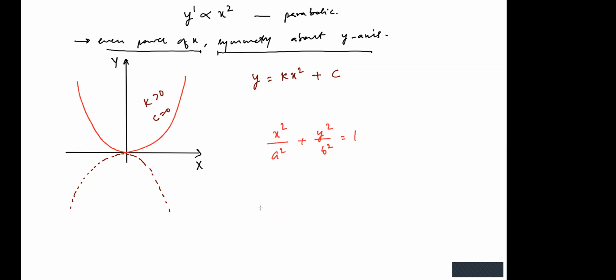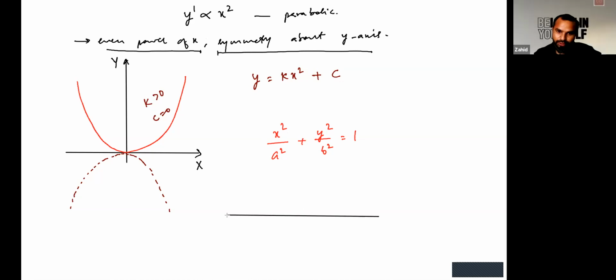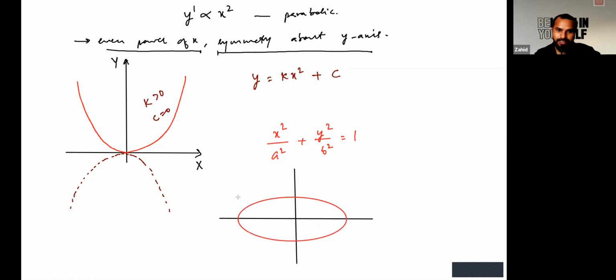Yes, sir. So symmetrical along both coordinates will look like this. Draw a line and it will be symmetrical like this. Whether this particular curve is symmetrical to either of the axes or not.